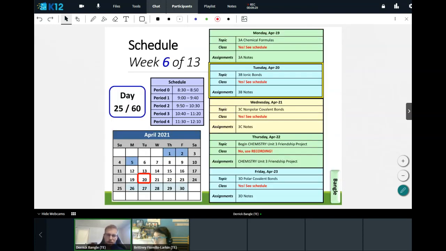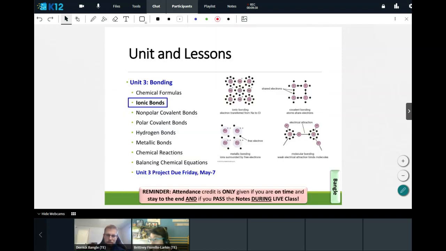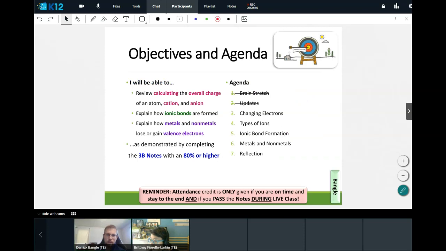All right, looks like we're on Tuesday this week, and we're starting our second lesson of this unit, ionic bonds. Going forward, we're going to be learning all about different sorts of bonds, but we're starting out with a simple one. This will entail calculating the overall charge of an atom, being cations and anions.